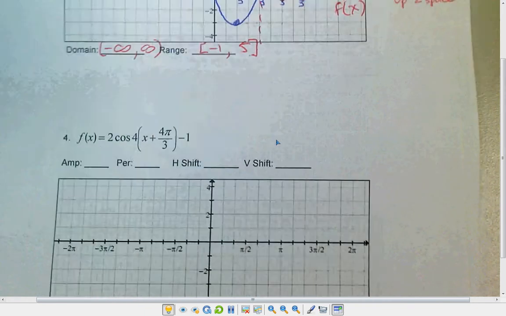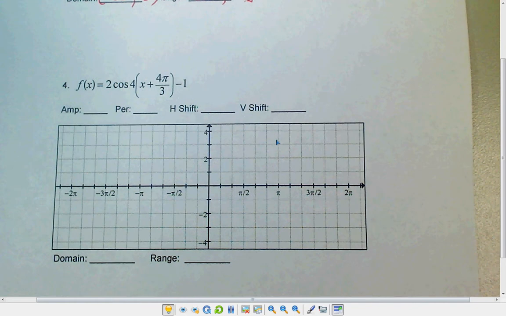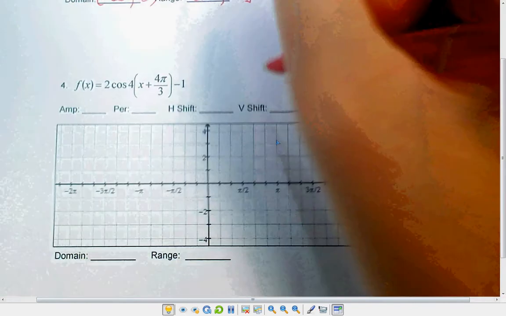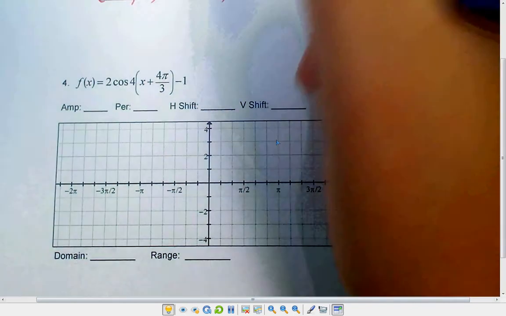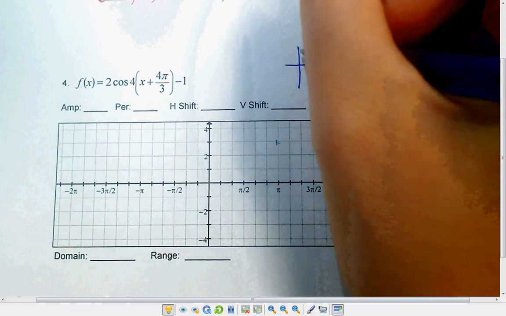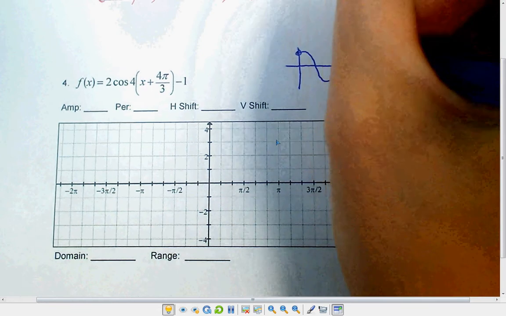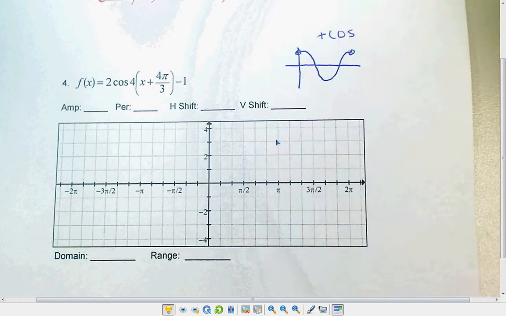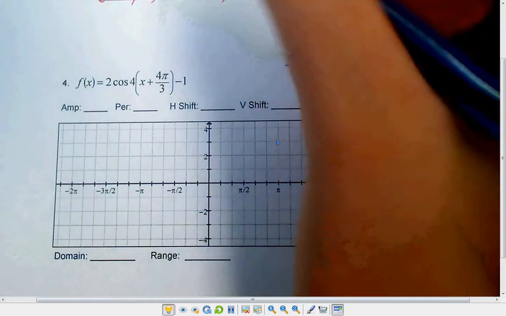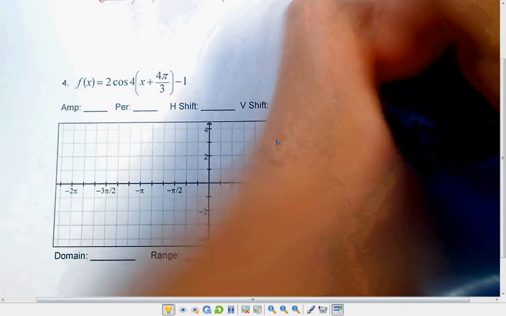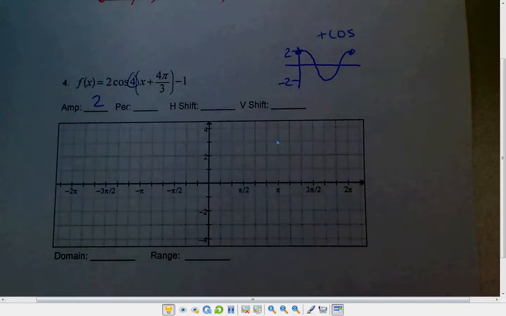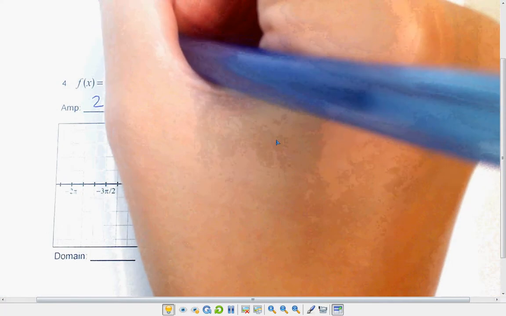Okay, let's do one more example. Positive cosine. Your amplitude is 2. Your period is going to be 2 pi over 4, which simplified is pi over 2.